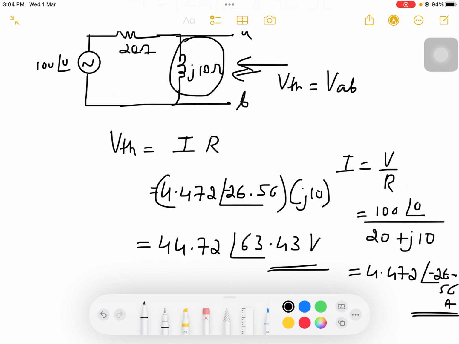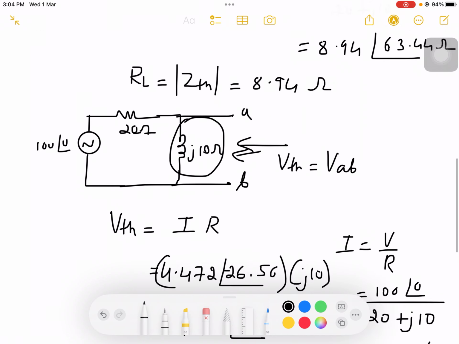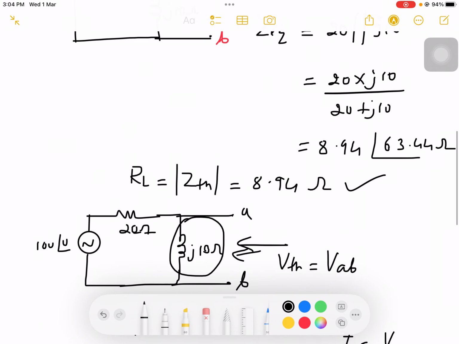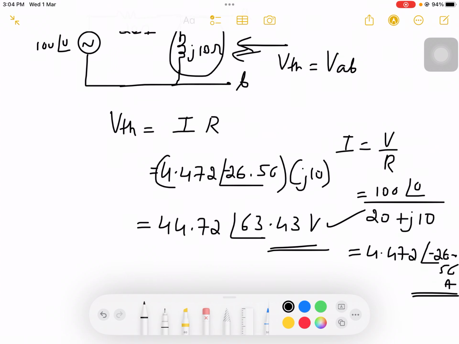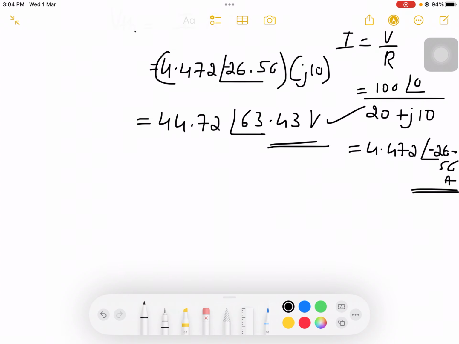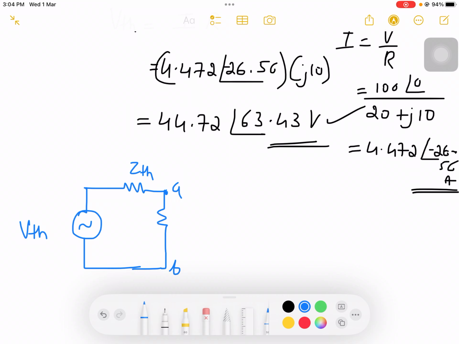Once I know this voltage, and I already have ZTH, I can rewrite the circuit. This is my VTH value, 44.72, and I have the ZTH which we got already, connected to my terminals A and B. Within the terminals A and B I have the resistance RL, and the current flowing through it I can take as IL.